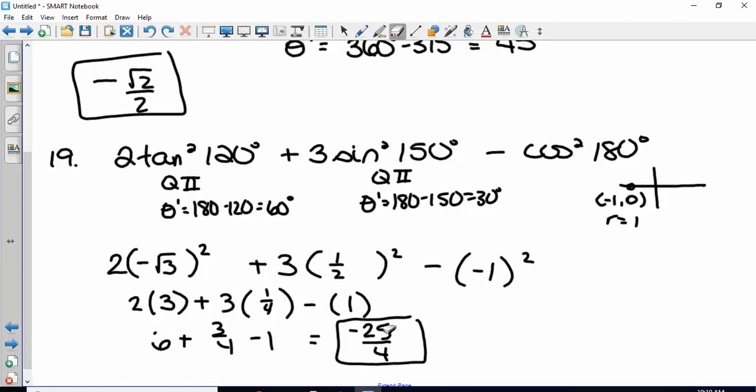That's a positive 2. So, should be 23 over 4 for the final answer. Wouldn't the 3 still be negative in the parentheses? Right here, if you square a negative, take a negative times a negative, it becomes positive. Okay. Anything else?